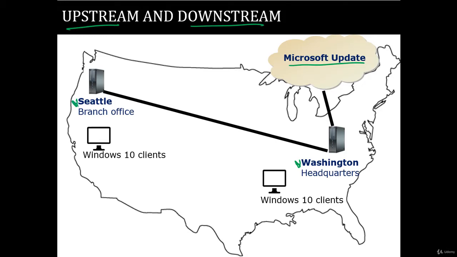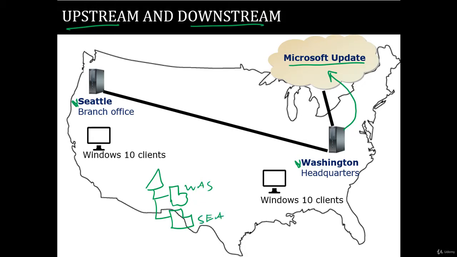In Washington, I configure my WSUS here to download all updates from Microsoft Update, then they get stored locally. Through group policy, likely what you would have in your domain, we'll have a few OU structures. So I'm going to say this OU here is Washington, and this OU at the bottom is Seattle.